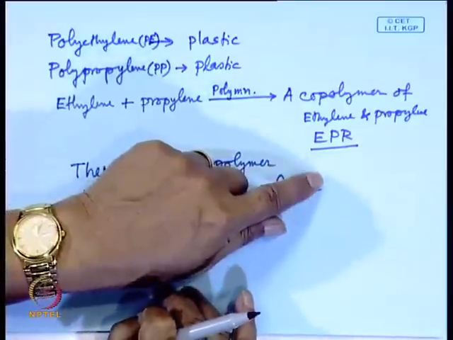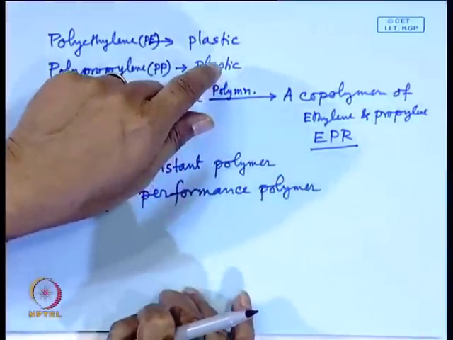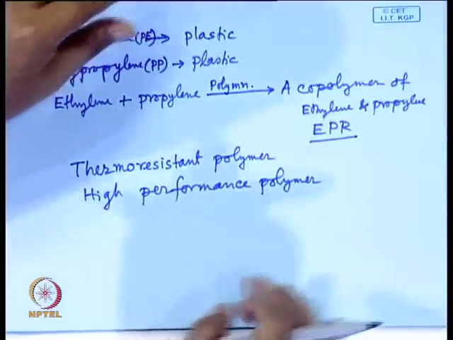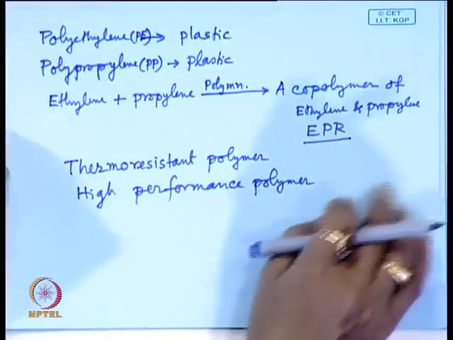That is tailorability. As I told, this ethylene propylene copolymer is a rubbery material. Suppose I do not have a rubber. If you go back to history, I am not very good in history, somehow I passed history in my school examination, but during the Second World War, what happened to Germany?